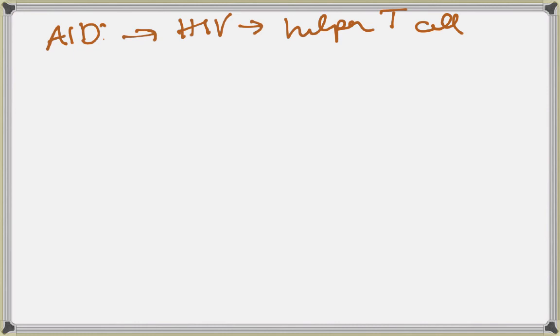And then you can have other types of immune disease. For instance, rheumatoid arthritis is an autoimmune disease. It's known to cause problems in joints. You have type 1 diabetes.